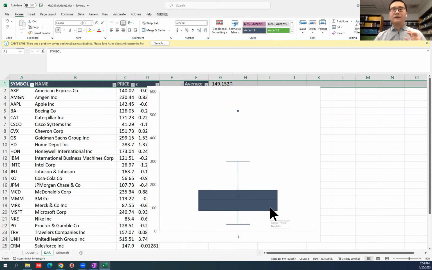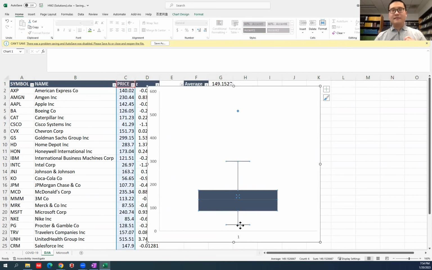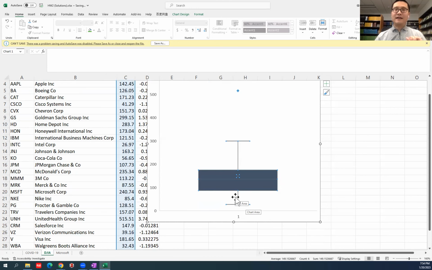But regularly, this whisker, as we practiced earlier with the top whisker, is built by 1.5 times the interquartile range, which is the distance between the first and third quartile. In this case, it's illustrated by the height of the box, the darkened area. However, we notice that the height of this line is not as long as 1.5 times the box height, right?